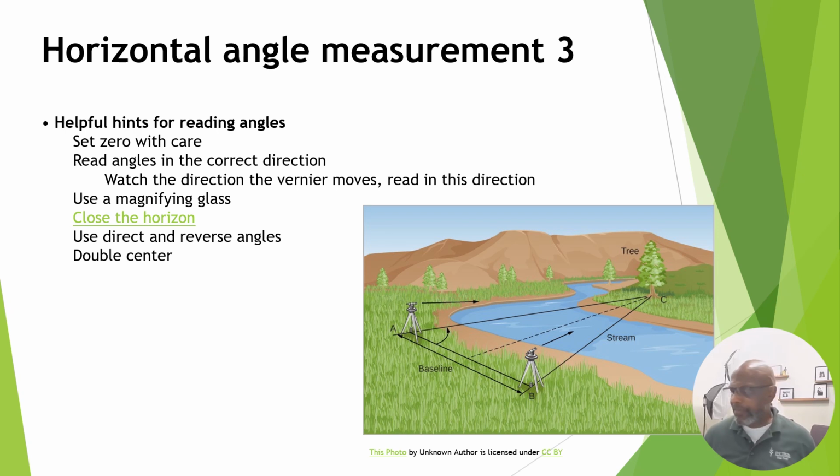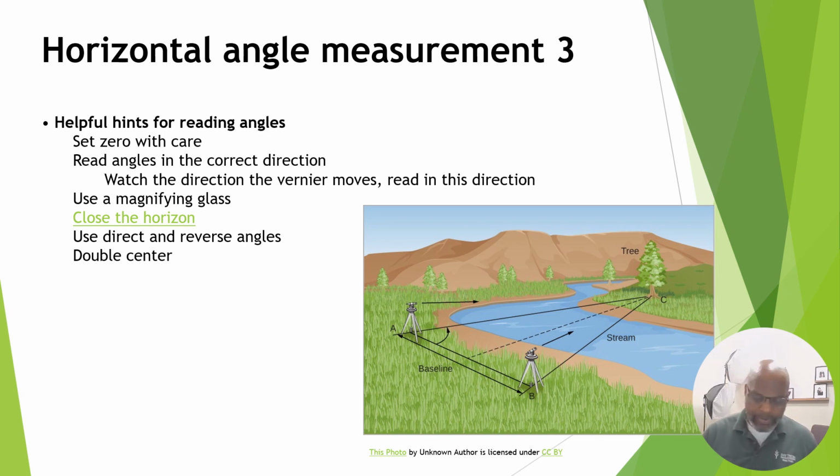So verification and everything. Closed horizon is to confirm that the angles add up to 360 degrees, if turning several angles, after the final angle back to the original back sight as a check of 360 degrees.